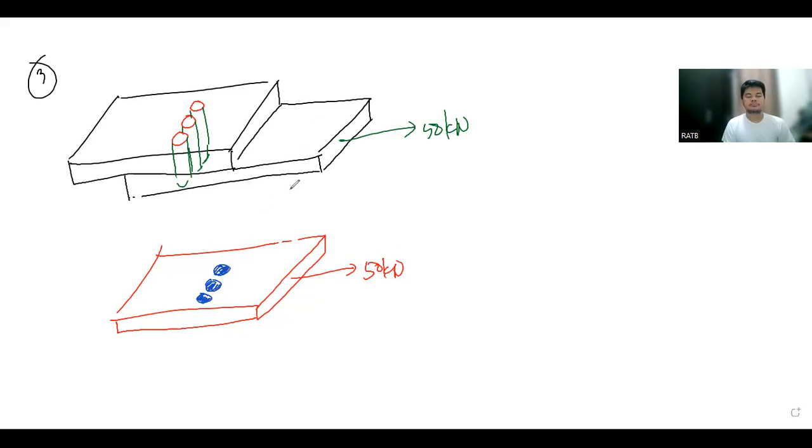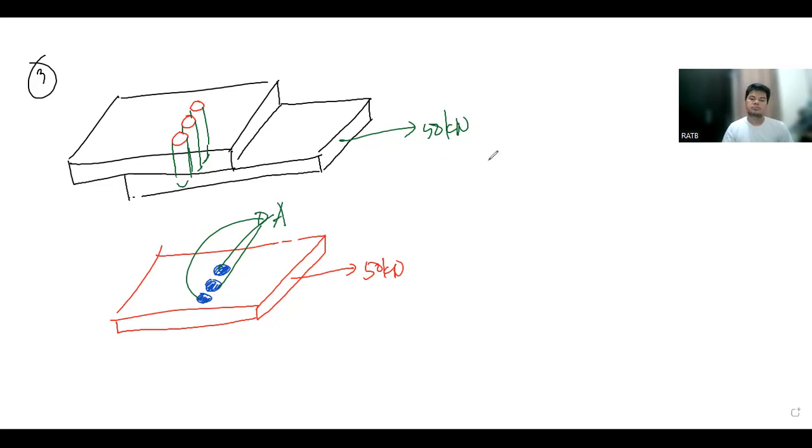The area being focused is actually the cross-sectional area of the three rivets. These are the areas being considered.